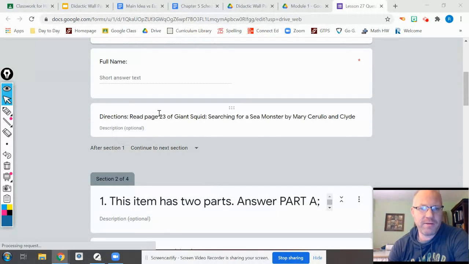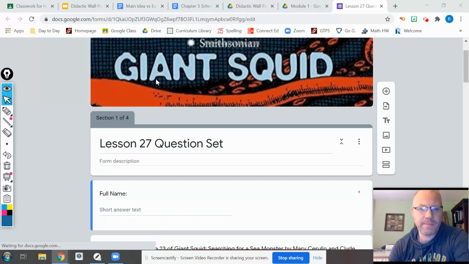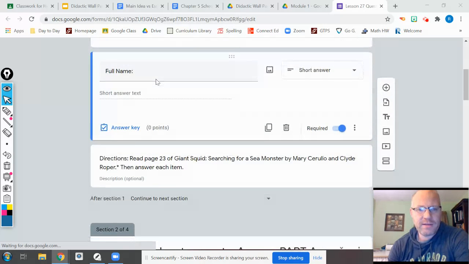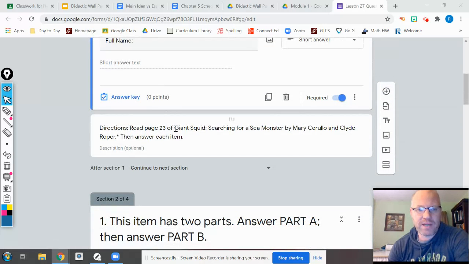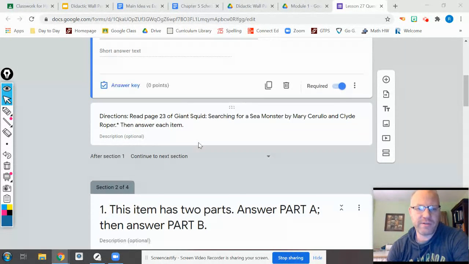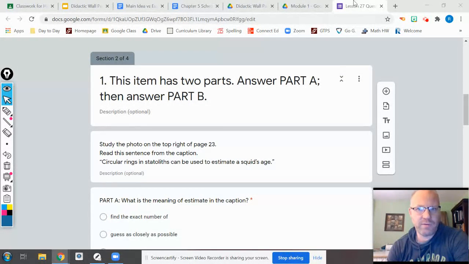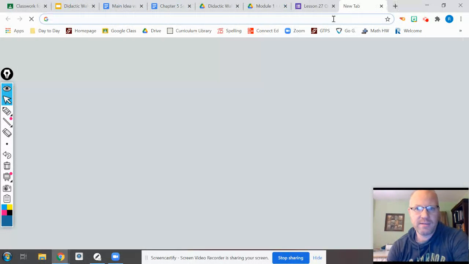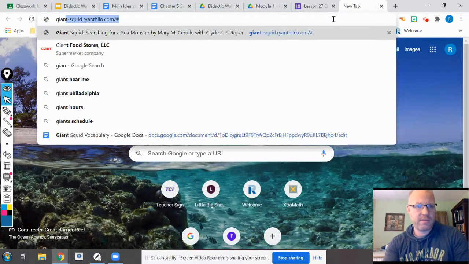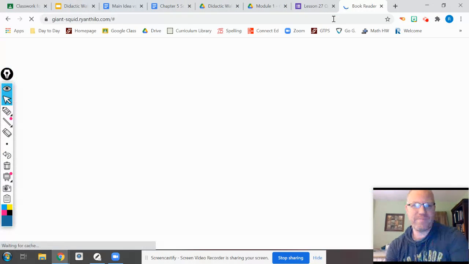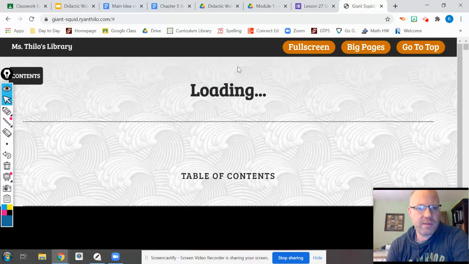Make sure you start by putting your name where it says full name. Then read page 23 of Giant Squid, Searching for a Sea Monster by Mary Cerullo and Clyde Roper. Then answer each question. So we're going to go right to that. So let's just go to the book.